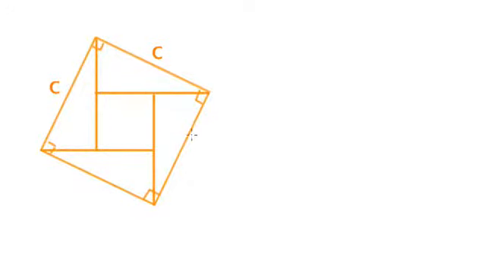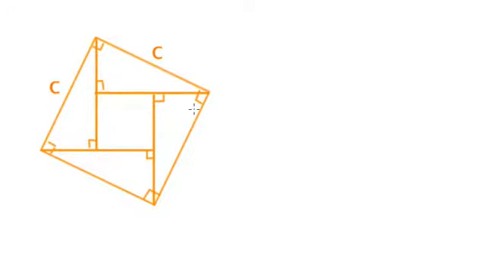Since this line and this line are perpendicular to each other, we know that this is 90 degrees. These two are perpendicular, so this is 90 degrees. Same with this line and this line, and this one, they are perpendicular too, so it has to be 90 degrees.